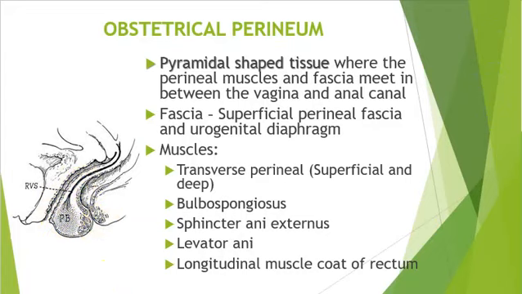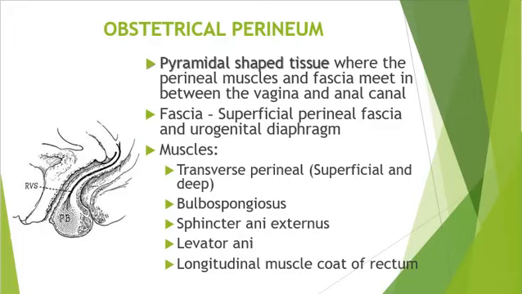So, and it consists of, like we said, fascia. Fascia is superficial perineal fascia and urogenital diaphragm. And the muscles which are present in obstetric perineum are transverse perineal muscles, both superficial as well as deep, bulbospongiosus, sphincter ani externus, levator ani, and longitudinal muscle coat of rectum.